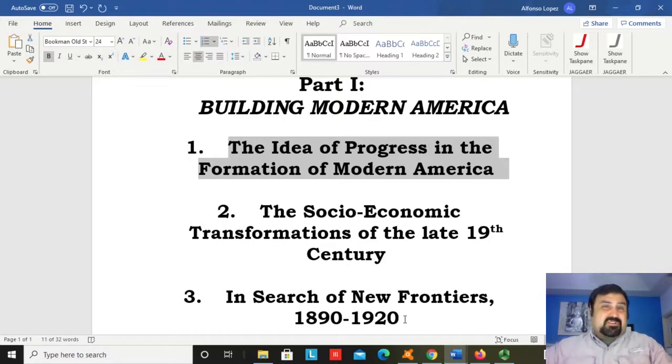There were other countries as well, particularly in Europe, places like England, France, Holland, Germany, that were undergoing significant transformations in the way that people lived, in the way that people organized their economies, for example, the way that people use tools.